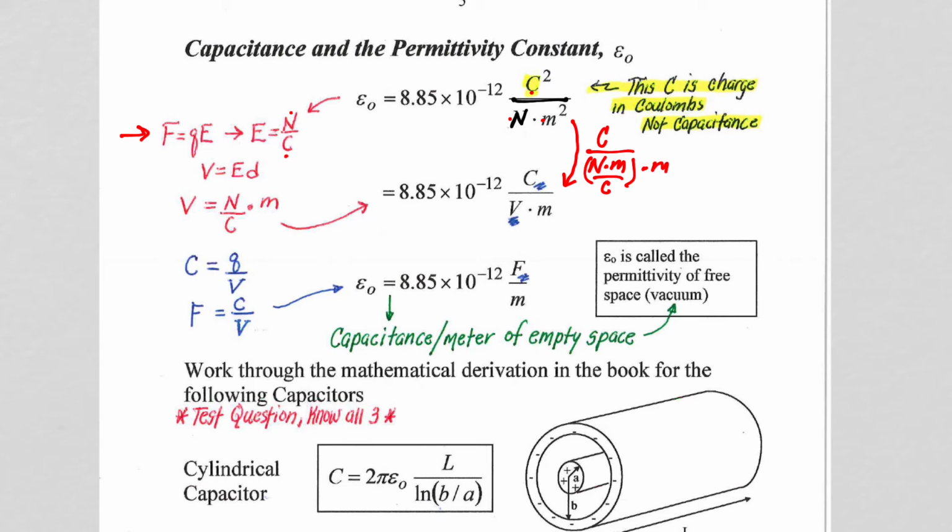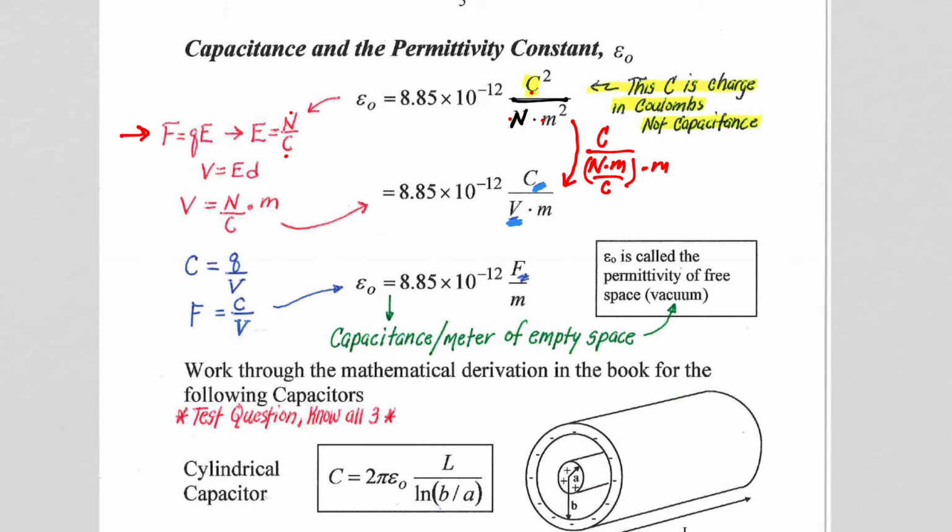It's maybe not obvious at first. When we do that, so now we have our coulombs on the top, volts on the bottom. Well, we know capacitance is coulomb per volt.